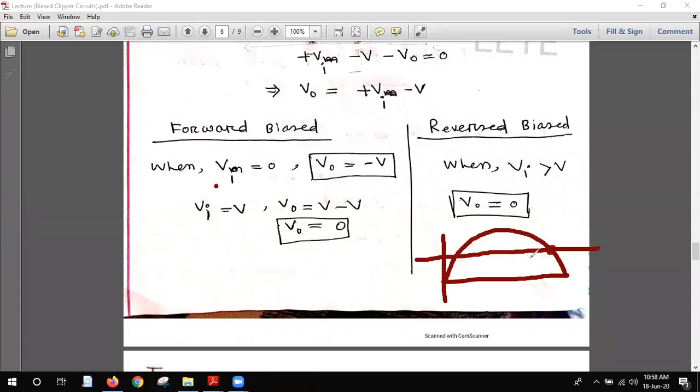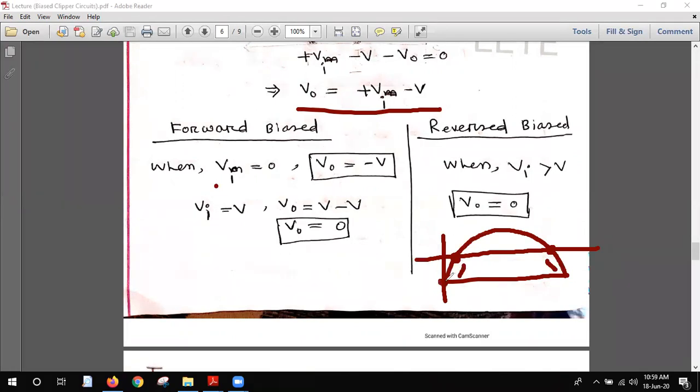So this is the point and this is the point. Till these two points, the diode is forward biased. So this is the output equation, V naught equals VI minus V.